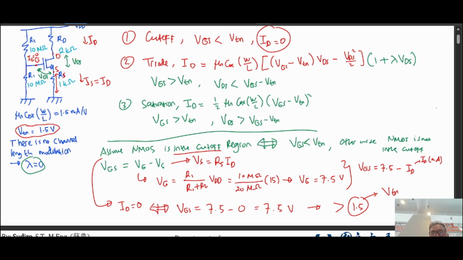You can see that in the saturation region, ID is only a function of VGS, while in the triode region, ID is a function of both VGS and VDS. So we prefer to evaluate the saturation region first. If it violates the assumption, then it must be in the triode region directly. We start with this one.